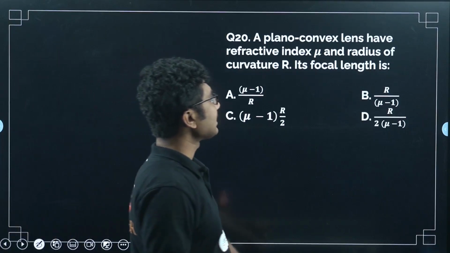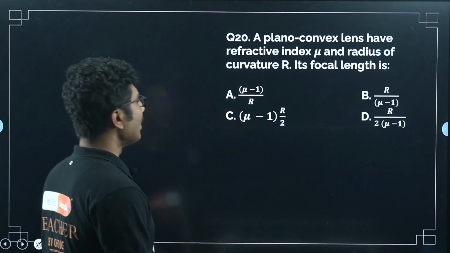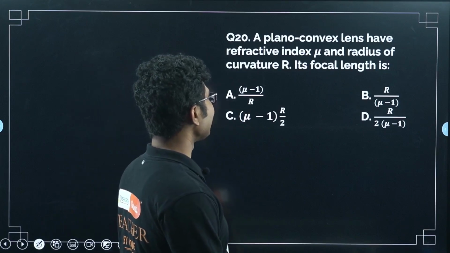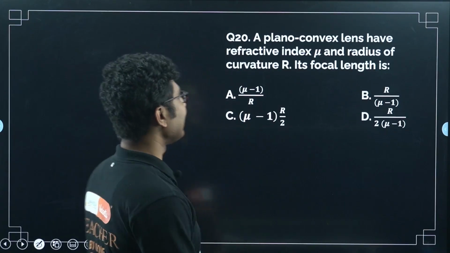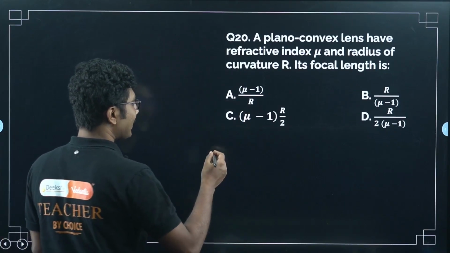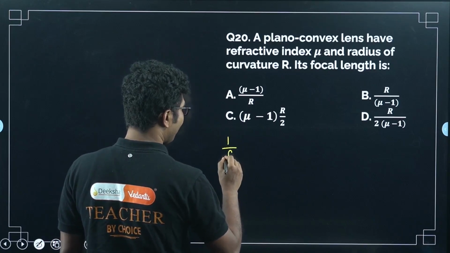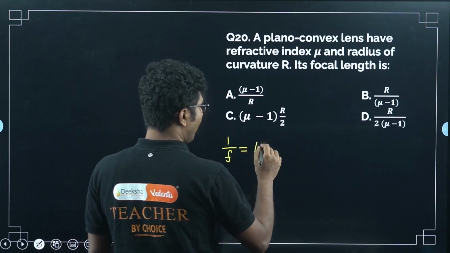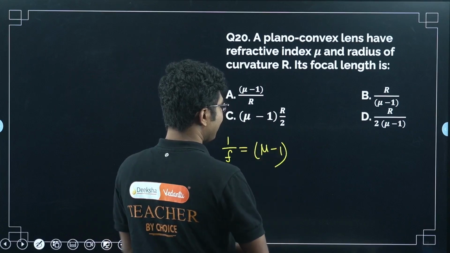A plano-convex lens has a refractive index mu and radius of curvature r. Its focal length is, this is the simple lens maker formula, 1 by f equals (n minus 1) times (1 by r1 minus 1 by r2). Here n is given as mu.